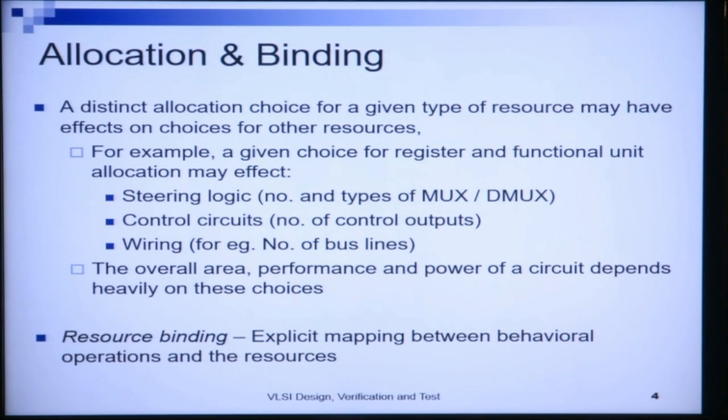Each multiplier, say multiplier 1, is an instance of a resource, multiplier 2 is an instance of a resource, and each resource instance, multiplier 1, let us say, will be mapped to a number of behavioral operations at different times. Now, resource binding is therefore the explicit mapping between these behavioral operations and resource instances.